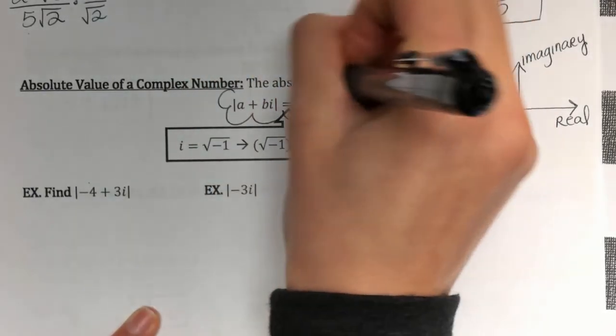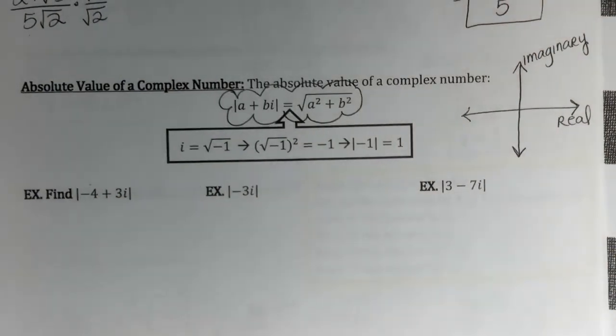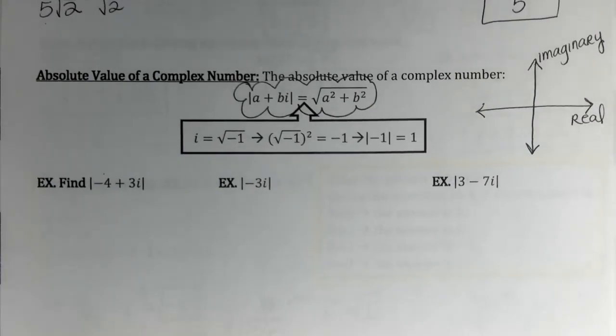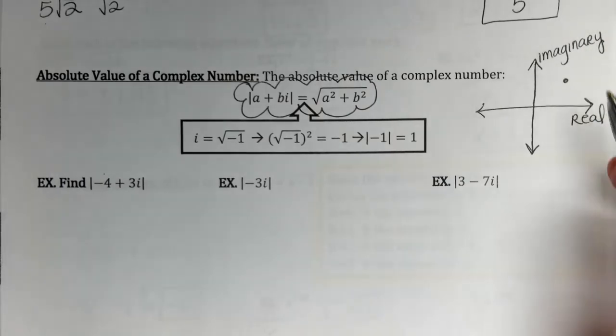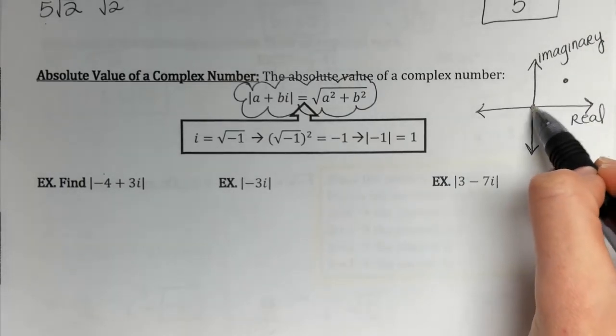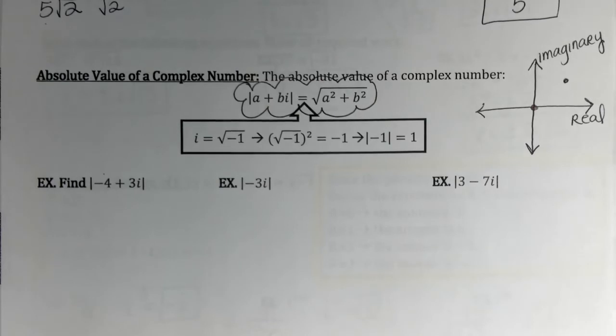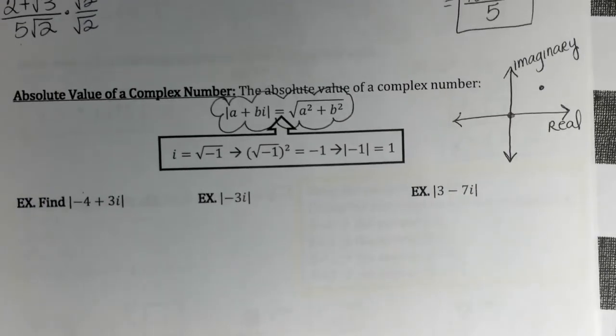There's a whole lot of background behind it, but all you have to do is memorize that when you take the absolute value of a complex number, you're just taking the square root of a squared plus b squared, because say my point is right here. How far is it away from the origin? That would be the distance formula. Y'all remember that from geometry?